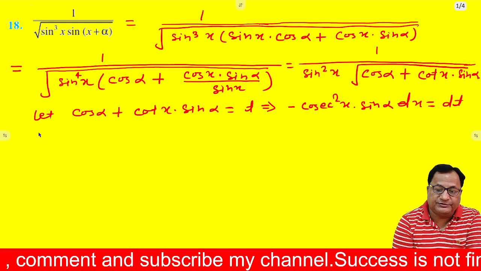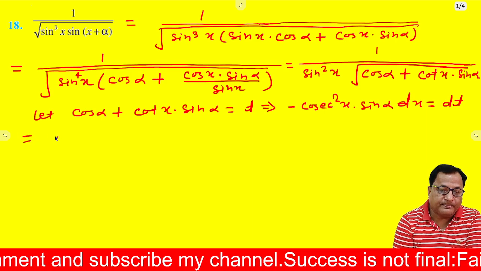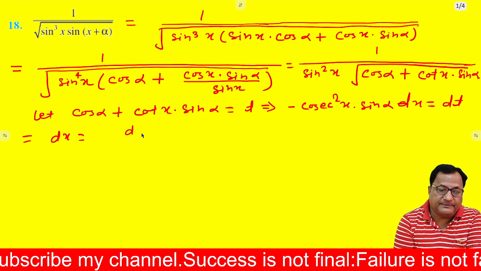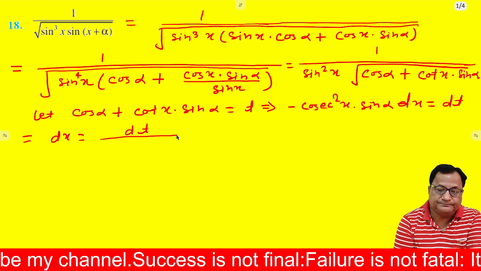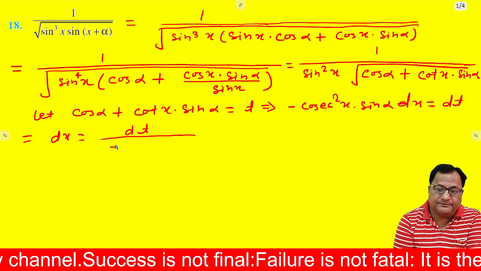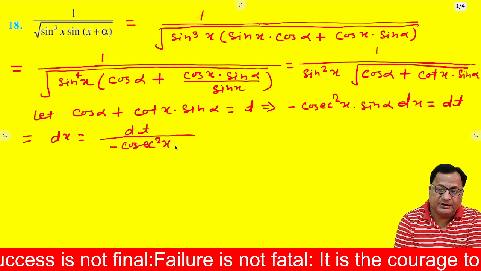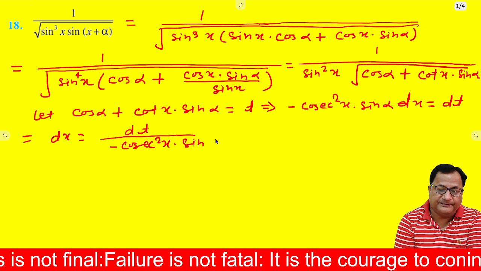So dx equal to dt by minus cosec square x into sine alpha.